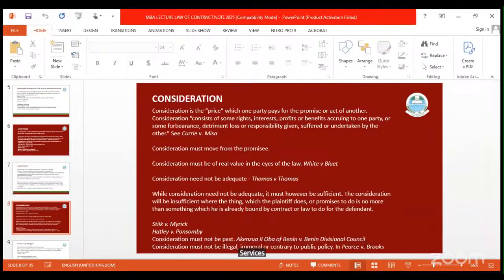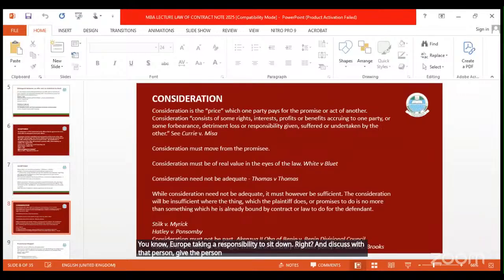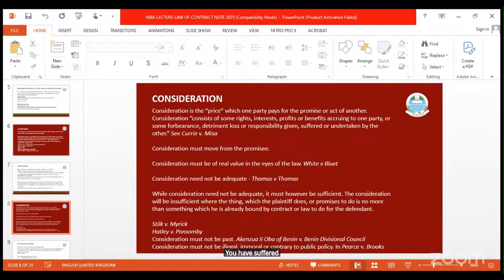You would have paid money for researchers. You would have taken a responsibility to sit down and discuss with that person, give the person the advice that needs to be given. So you have taken a responsibility. You have suffered in terms of not attending to any other thing, simply because you want to provide those services to that person as a consultant, so that the person will pay you.